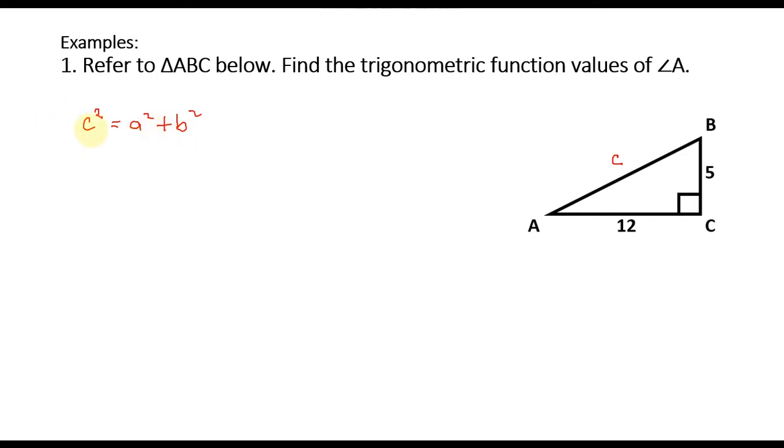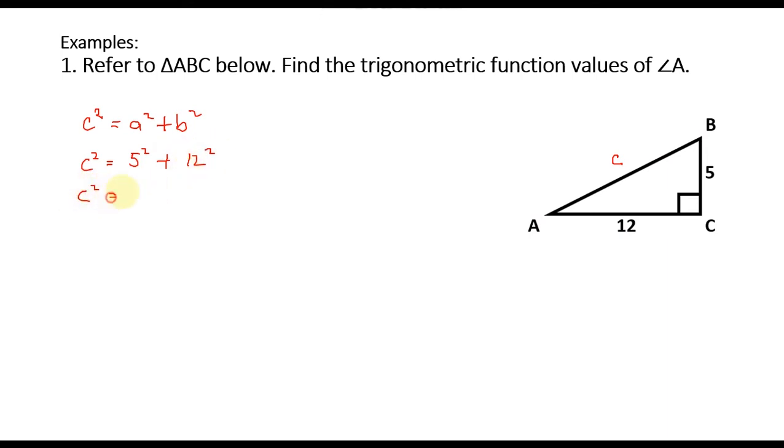So to solve for this one, first missing is the value of C. So we can have C squared equals, and then for A, we're going to use 5 since opposite of angle A is the number 5. So I can have 5 squared plus, then B, opposite of angle B is 12, so 12 squared.